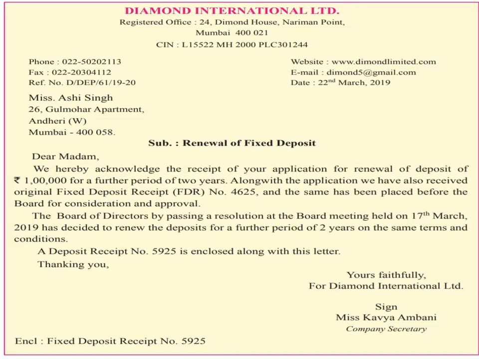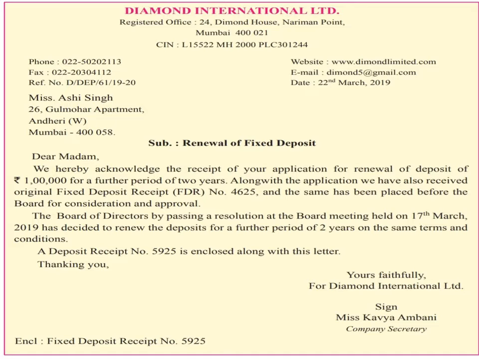Students, renewal of fixed deposit is a process whereby the deposit holder continues with the deposit for an additional time period after the completion of the initial time period of the deposit, and it is called renewal of deposit.